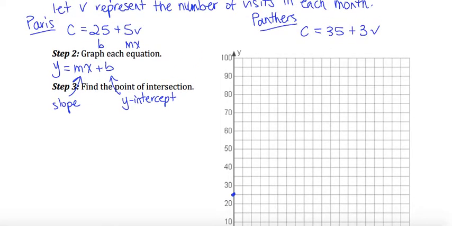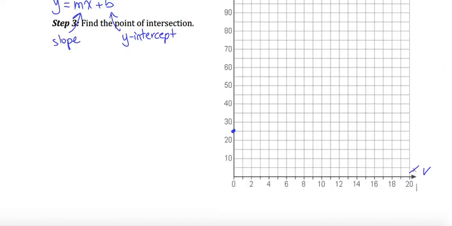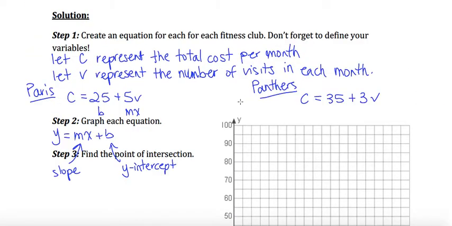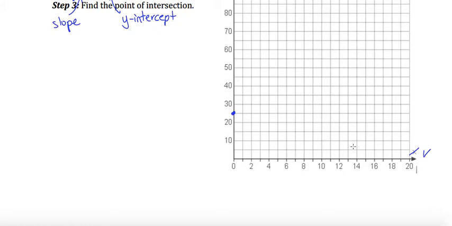So in our question, the x is actually v. So I can go ahead and change this x to a v to represent the letters that I used. And my y is going to be my c, so the total cost. And I'm going to label my x and y axis. So my v refers to the number of visits per month.